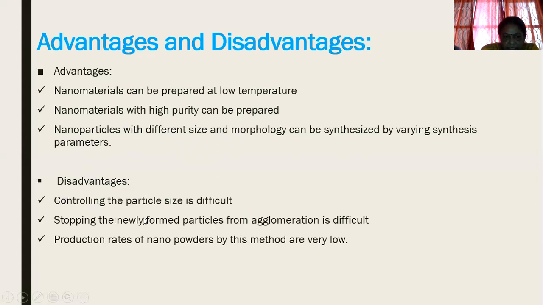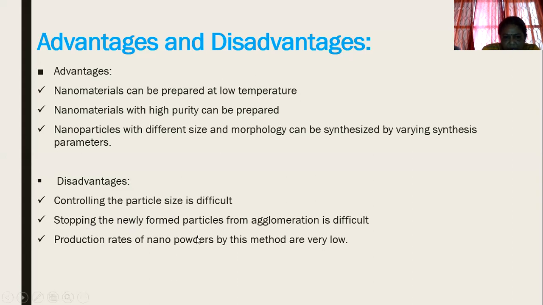But some disadvantages are there, like how to control the particle size. We must ensure that the particle size is nano. That is difficult because it is a growing of the particles. Automatically it grows. So how to control it is a problem. Then any kind of foreign bodies, you will have to prevent it.